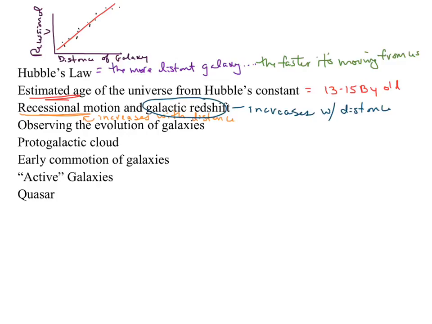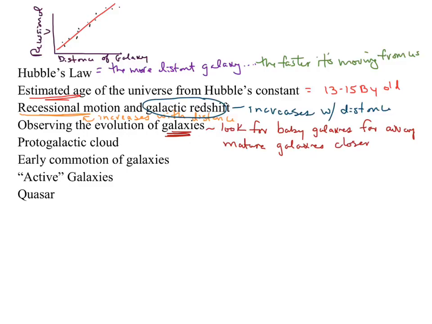All right. So back to the idea that the farther away we look at something, the older, the more of a baby picture it is. So we can actually see how galaxies change over time by comparing the distant ones with the closer ones. Look for baby galaxies far away, more mature galaxies closer, and fill in the blanks for evolution of galaxies.